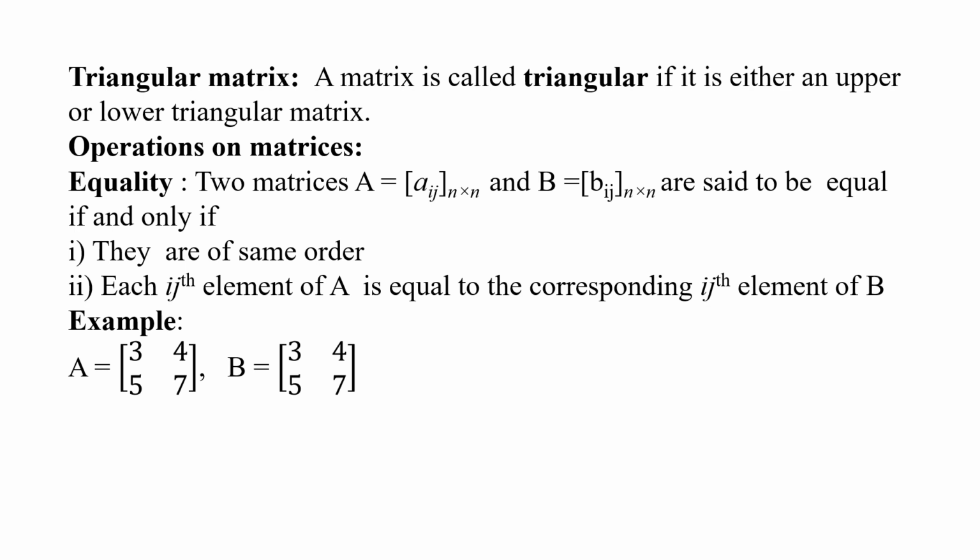Here I have taken an example where each element, that is the ijth element, A11 is the same as B11, A12 is the same as B12, A21 equal to 5 is the same as B21 which is 5. Similarly, A22, that is 7, is the same as B22, that is 7.